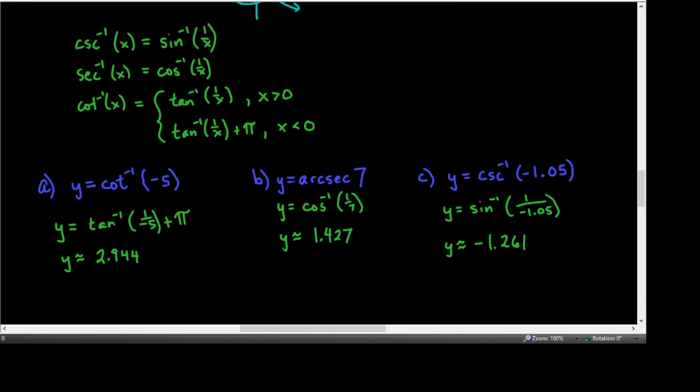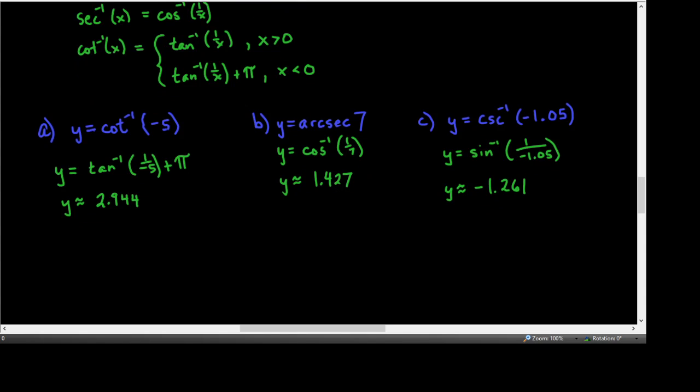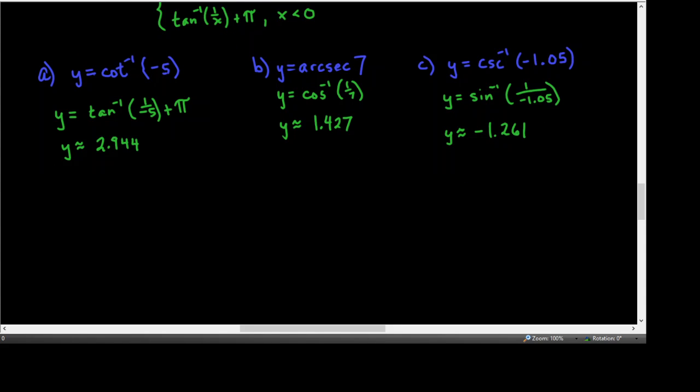Now, the next set of problems, we're getting away from the calculator, so put your calculator down. These ask us for exact values, and anytime that's happening, basically you shouldn't be picking up your calculator. Okay, so y equals cotangent inverse of -1.